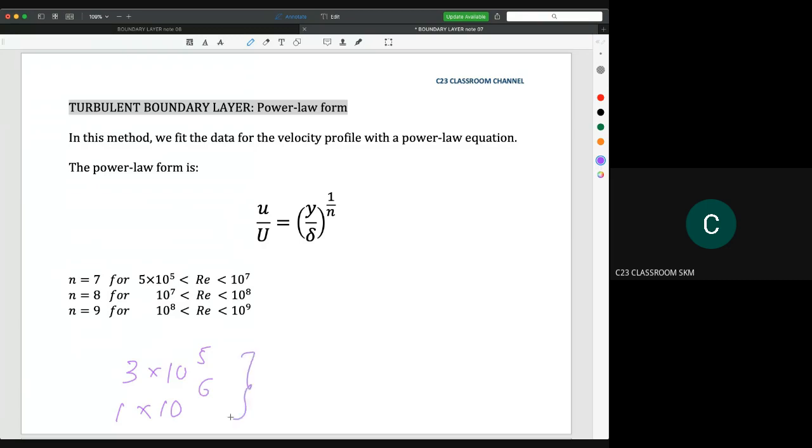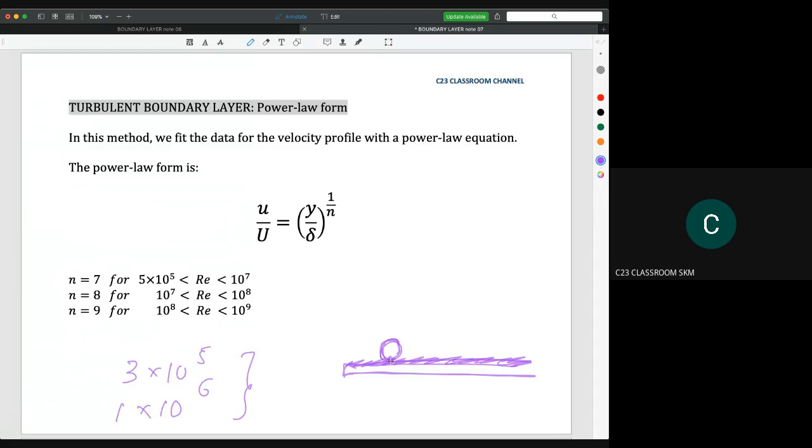Because the boundary layer is affected by many factors. One of them is maybe the surface roughness of the plate. Because the molecules will stick on the surface, if your surface is quite smooth, maybe the molecules cannot attach very well, which means it will change the behavior of the boundary layer.